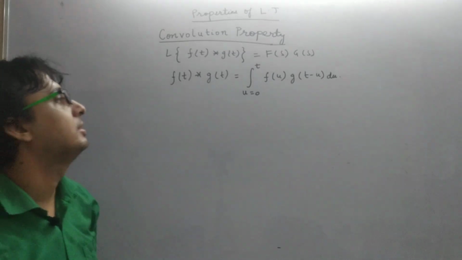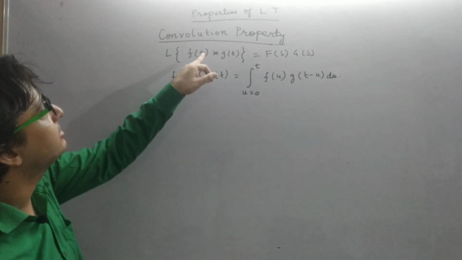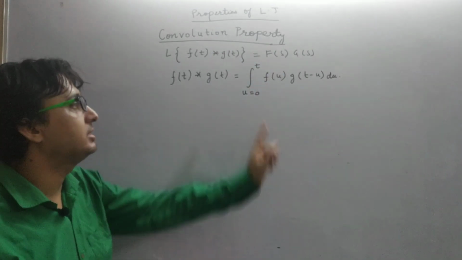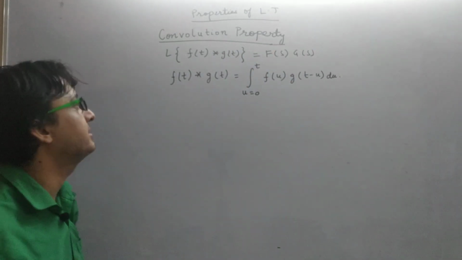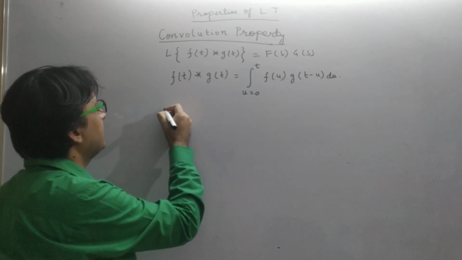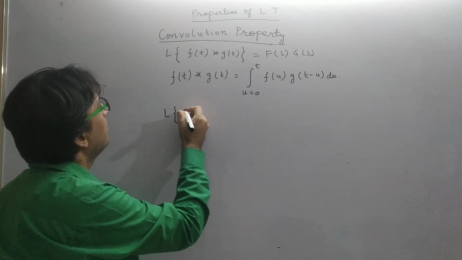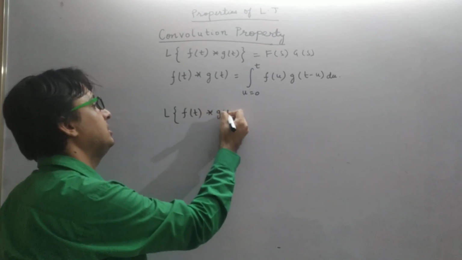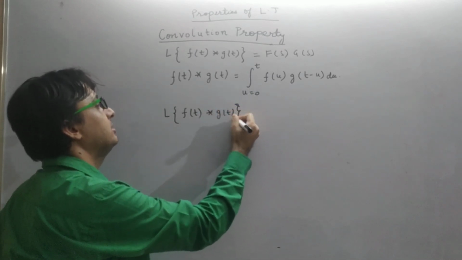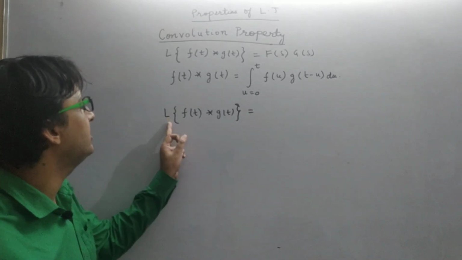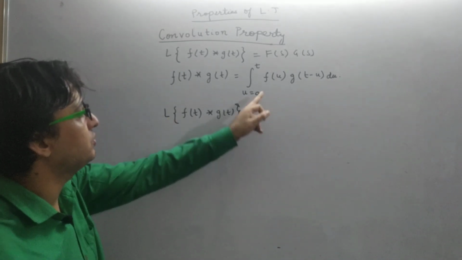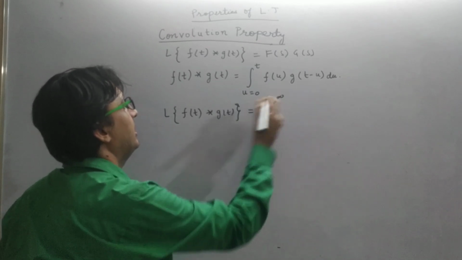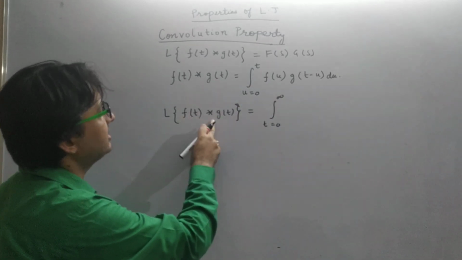Alright, now we are going to put this into this one and prove that it is the product of the transforms of those functions respectively. So the Laplace transform of f(t) star g(t) is, by the definition of Laplace transform, the integral from 0 to infinity of our function f(t) star g(t).